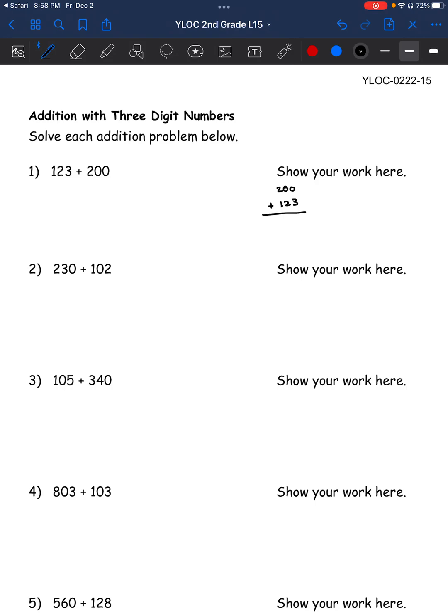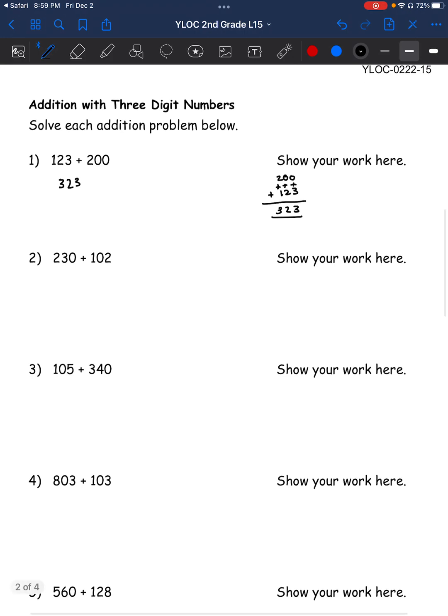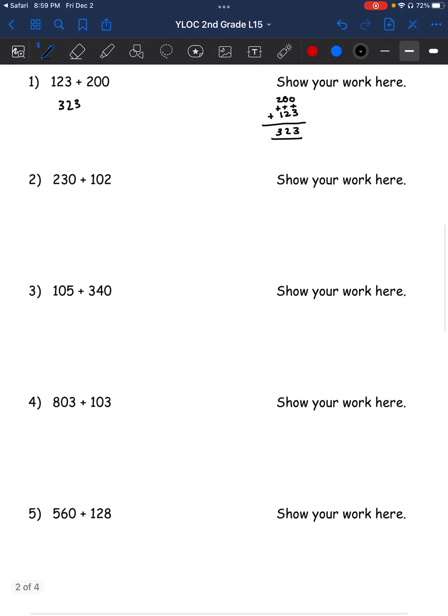So if we write it out this way, we can do directly. We could just add these. 0 plus 3, 3. 0 plus 2, 2. 2 plus 1, 3. You get your answer here, 323. Now we could do the same thing for number 2.